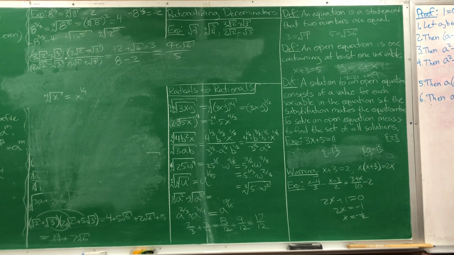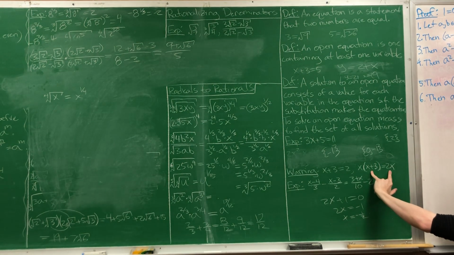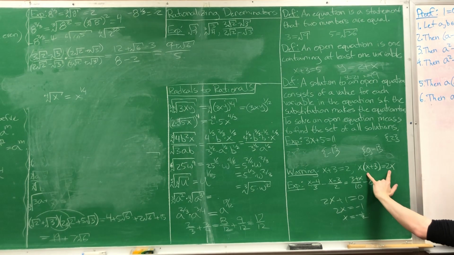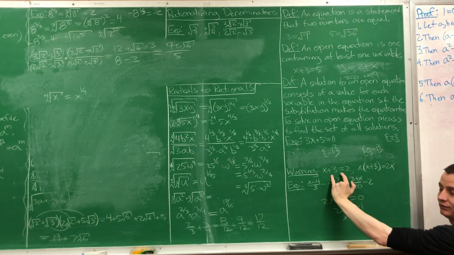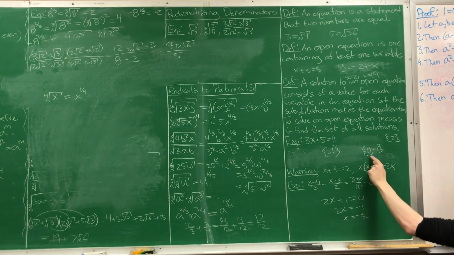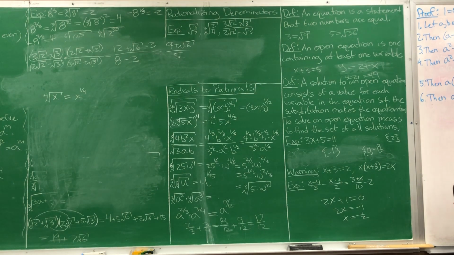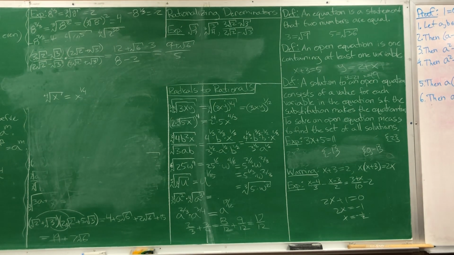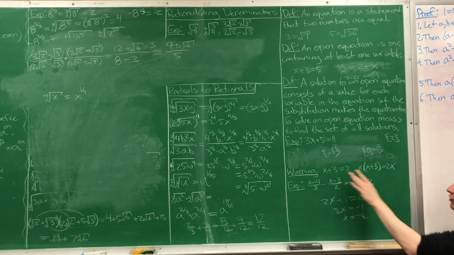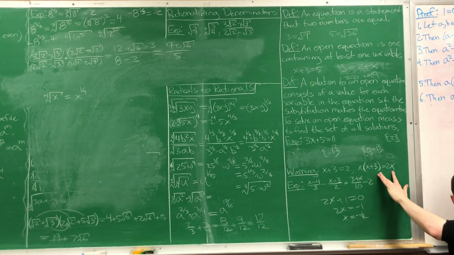And a similar problem could have happened if you divide both sides by x. So imagine you start with the equation like this, and you say, first thing I'm going to do is divide both sides by x and get this. And then you solve for x and you get this. Now you lost a root. You lost a solution. So you cannot, always and forever, just multiply or divide both sides by some x.